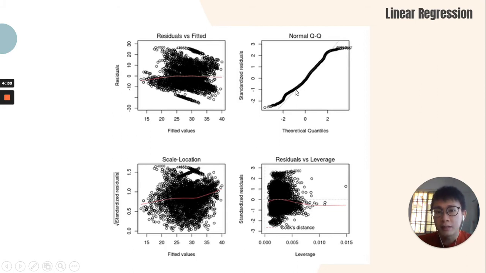This means that our data does not follow a normal distribution, even though we have performed log transformation on the skewed data set. And from this scale-location plot, we can also see that our data does not have constant variance. So it also violates one of the assumptions of linear regression, right?